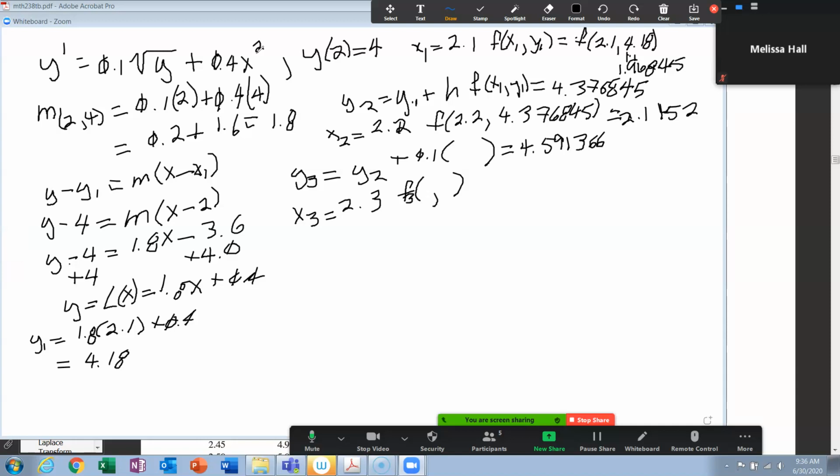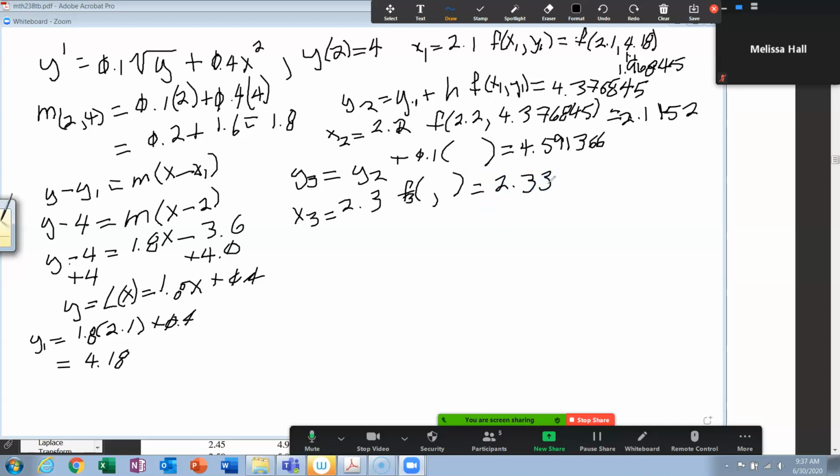So I'm going to do that with my calculator. I've got in there my y3, so while I've got it in there, I'm going to take the square root of it, and then multiply that by 0.1, just like it shows up here, and then add to that 0.4 times my x3, which is 2.3 squared, and then press equal, and I get my new f sub 3 to be something on the order of 2.33.